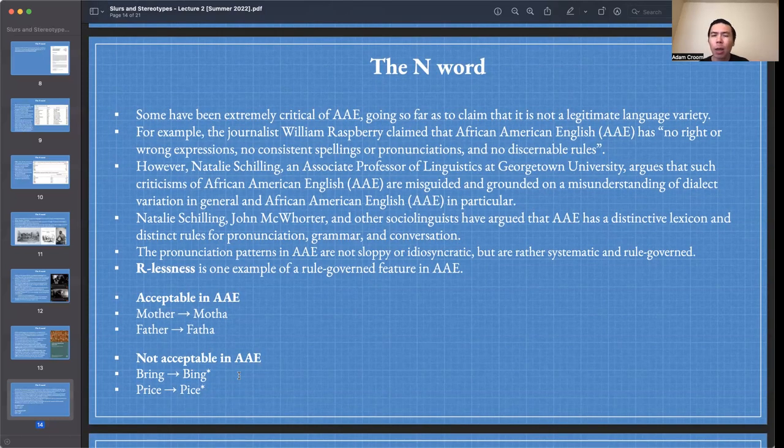Okay, but here the important point for this slide is just that we see you can't just drop the R wherever you want, but that there's a systematic or rule-based way in which we can drop the R. Okay, and speakers of AAE are applying this rule systematically whenever they're applying R-lessness.